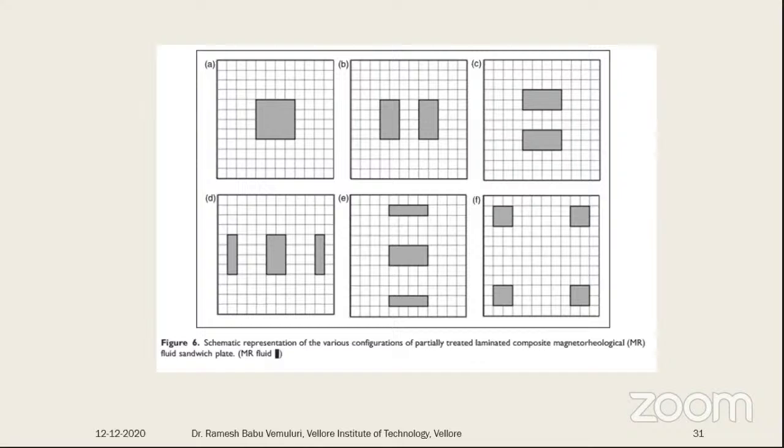What is the need to go for this partial treatment? Normally these rheological or viscoelastic materials have a very high density. Due to this high density, the structure becomes heavier. Once the mass increases, its natural frequency goes down.